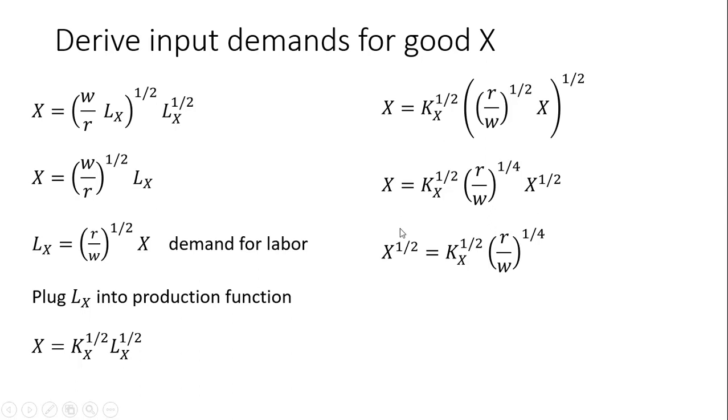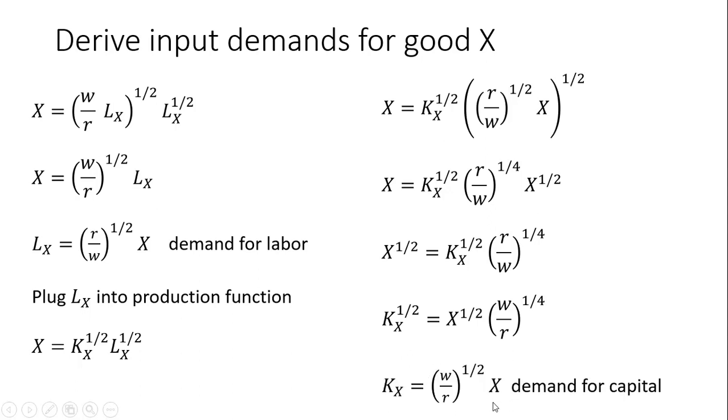Dividing through by x to the 1/2, left-hand side becomes x to the 1/2 power. Moving some things around here, multiplying through by w divided by r, all raised to the 1/4 gives us this. And we'll square both sides now. And we have the input demand for capital for firm X.